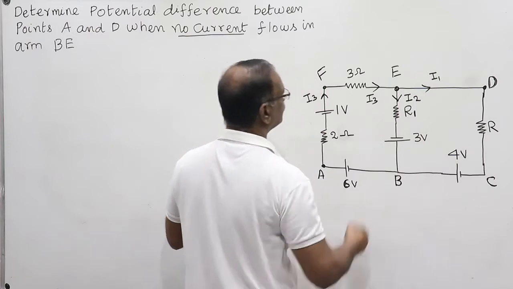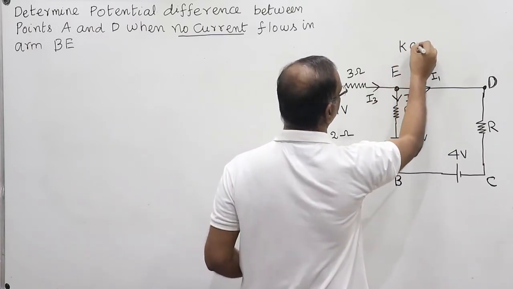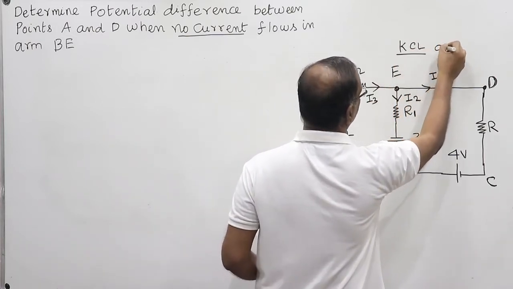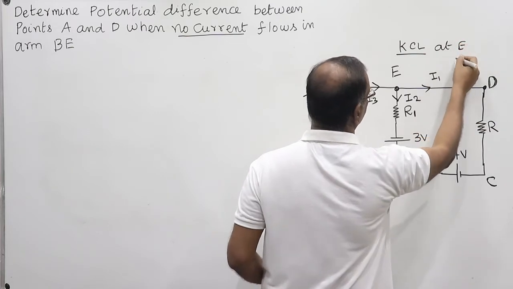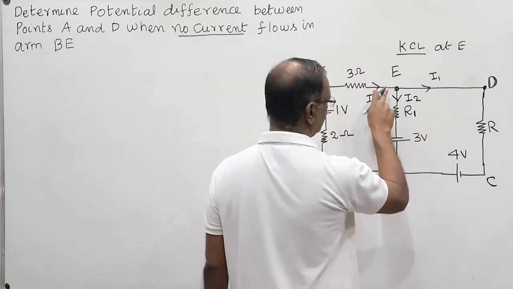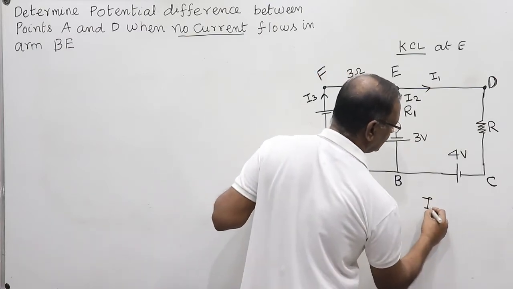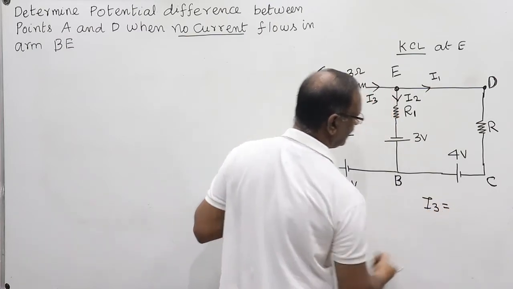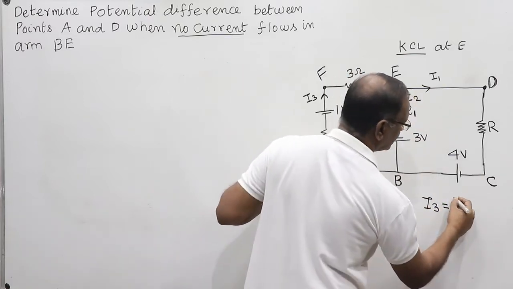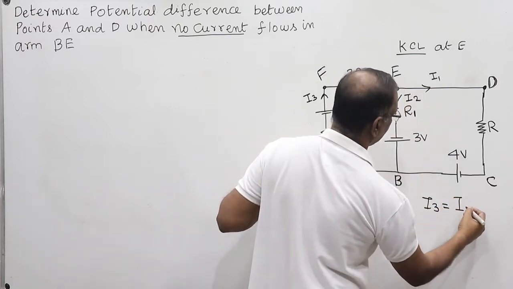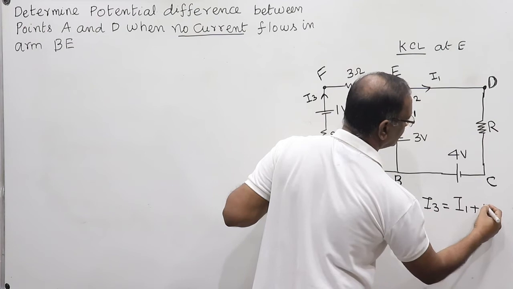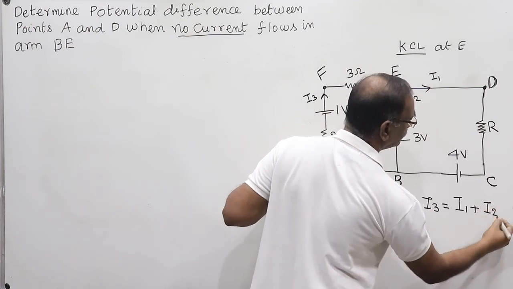Applying KCL at junction E, I3 is entering, and the current leaving this junction is I1 plus I2.